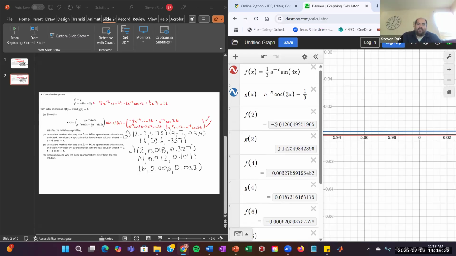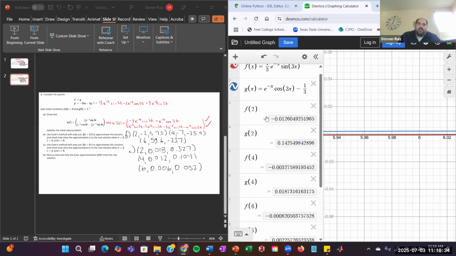So now let's look at the numerical values. At 2 seconds, the X and Y values I have are -0.012 and 0.145. My answers are not going to be far off, at least in part C, just because they're all going to be very small in magnitude. They're all going to be very near 0.